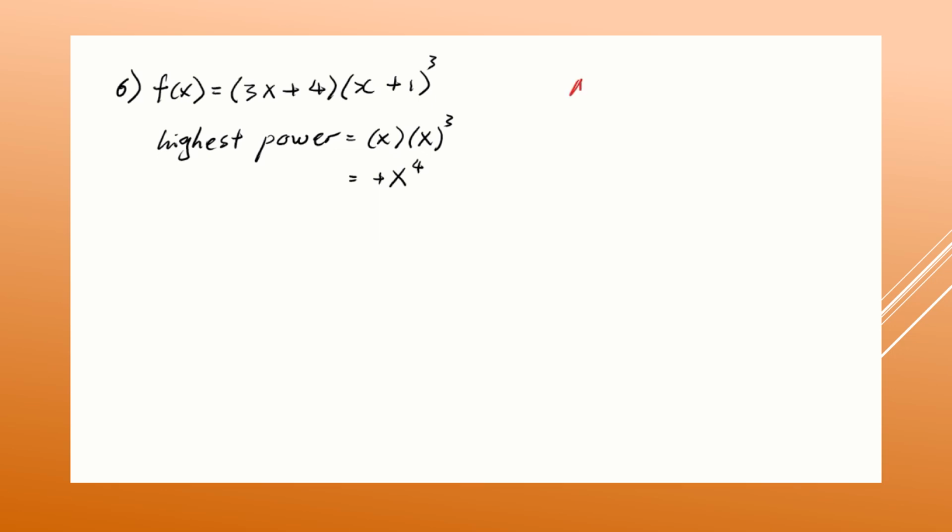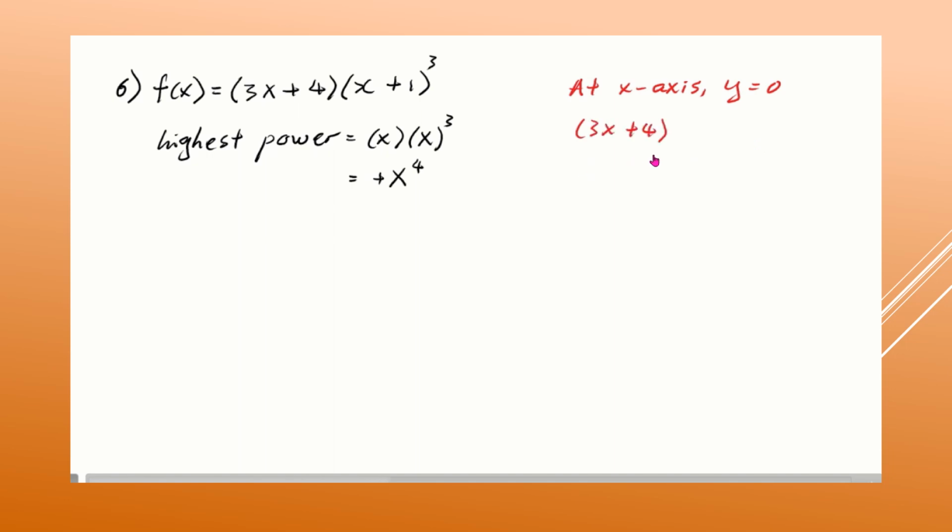Now we try to find the value of x at the x-axis. At the x-axis, y is equal to 0, and (3x plus 4) multiply (x plus 1) power 3 is equal to 0. Now from the first factor, 3x plus 4 is equal to 0, so x is negative 4 over 3.